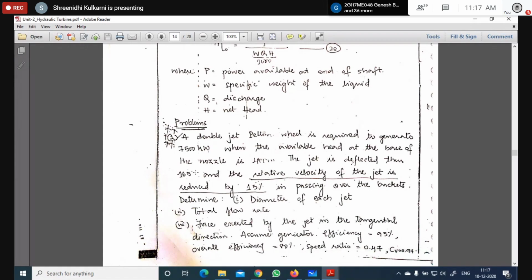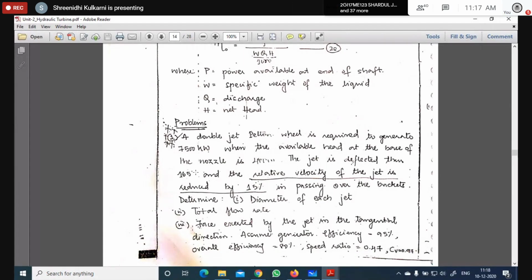The jet is deflected through 165 degrees and the relative velocity of the jet is reduced by 15%.